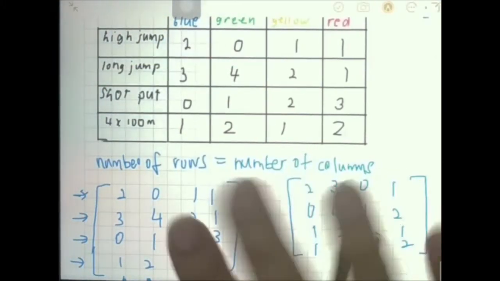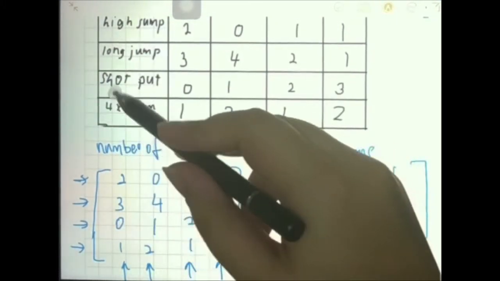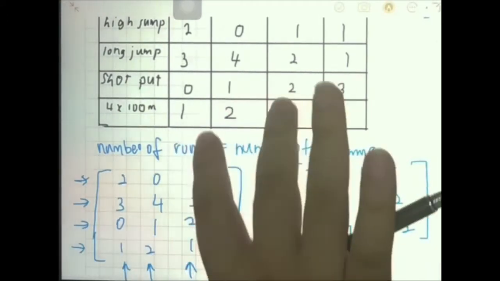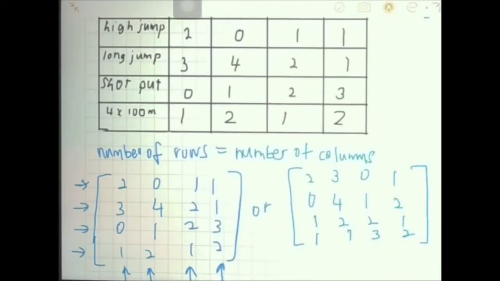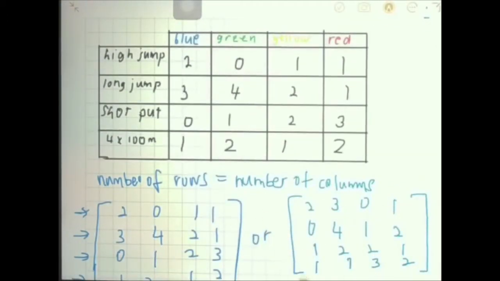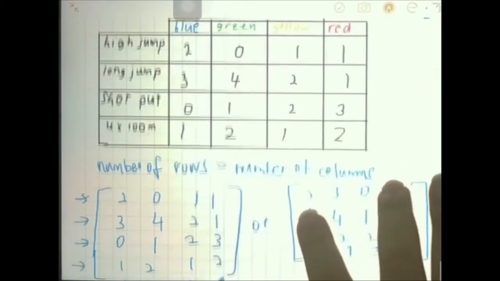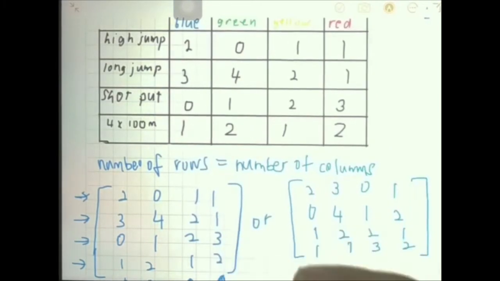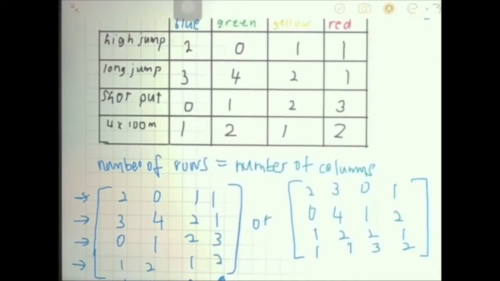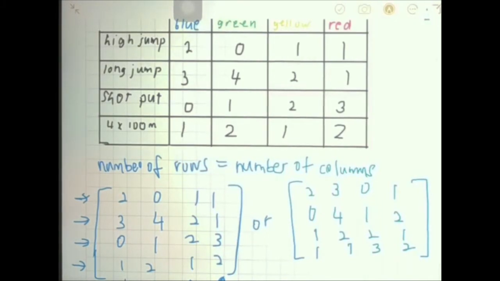And change it like that. So here, in this matrix form, the columns are the house colors and the rows are the sports events. In this matrix form, the rows are the sport teams and the columns are the sport events. So that's why when you see data, it's easier to just copy paste. But if the question specifically asks, then you have to write it specifically. You have to follow the question.